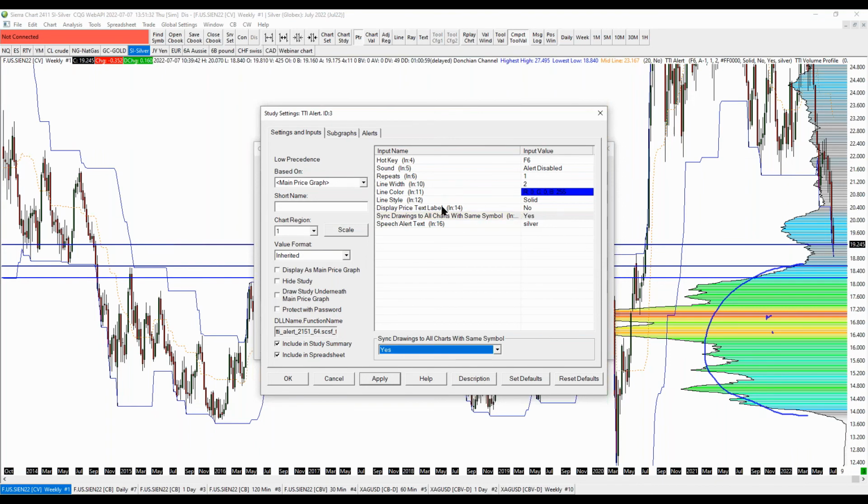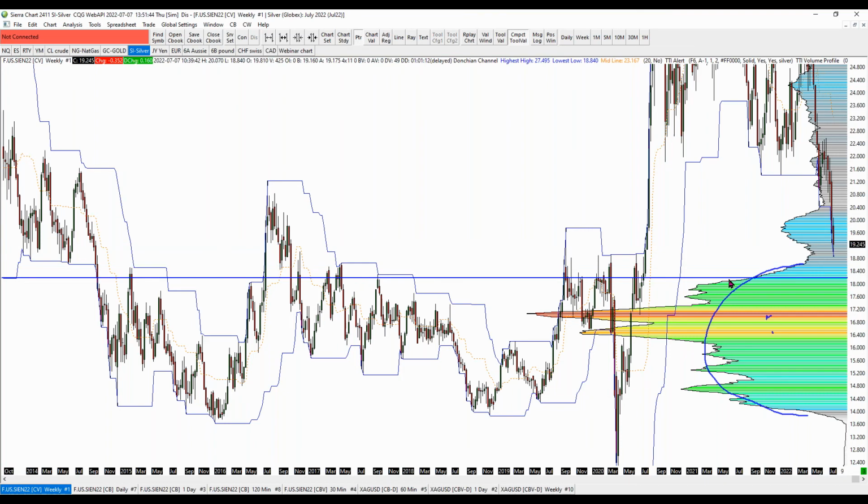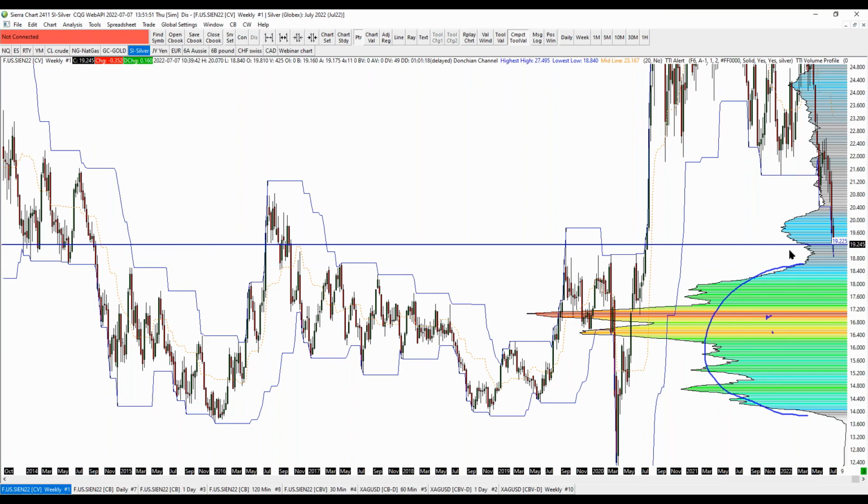Display price, you can say yes. It will display price. Alert disabled. Okay, so you apply, okay, right? So now you have silver. And if you put a line here, it should say silver. It's not going to say it now because I already said it, but see, even the price is there.